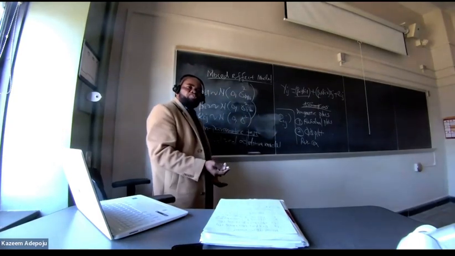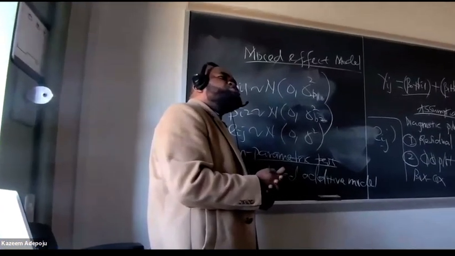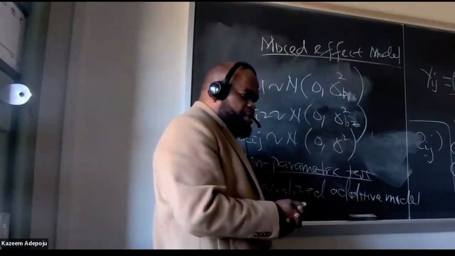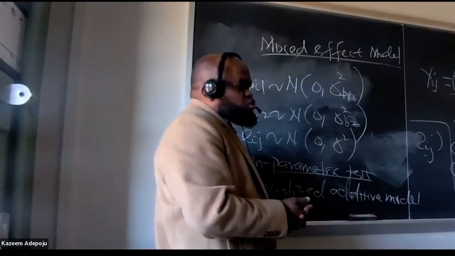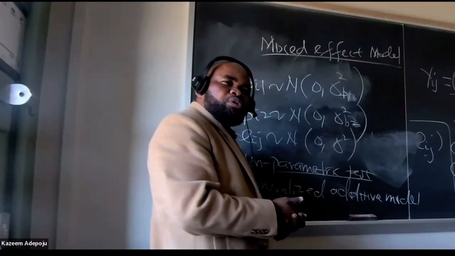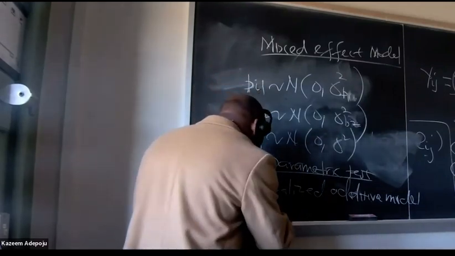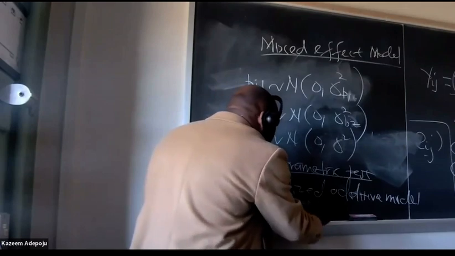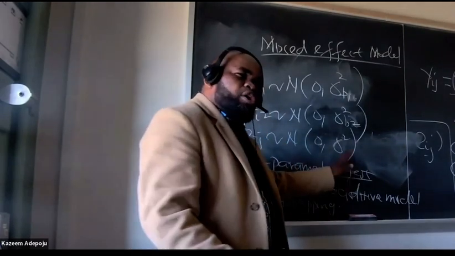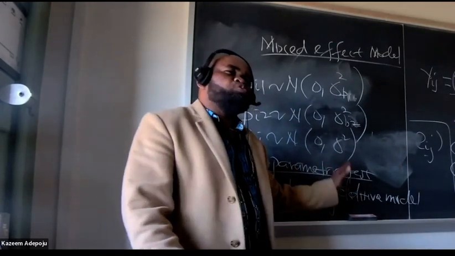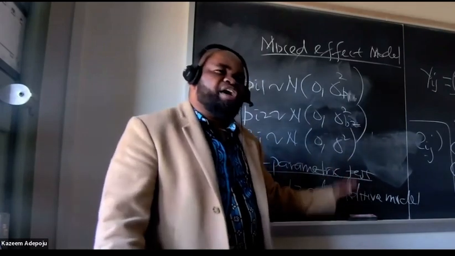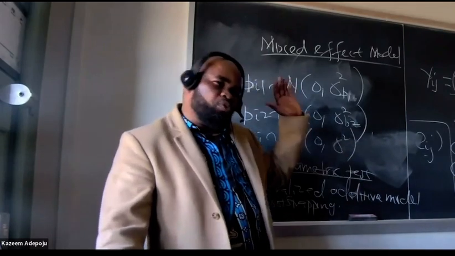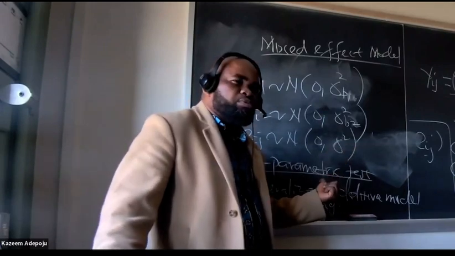Has anybody heard about bootstrapping? You should have; I think you're supposed to have done bootstrapping in 4051, Applied Statistics. So these are non-parametric ways of seeking redress when there is a violation of the normality assumption.